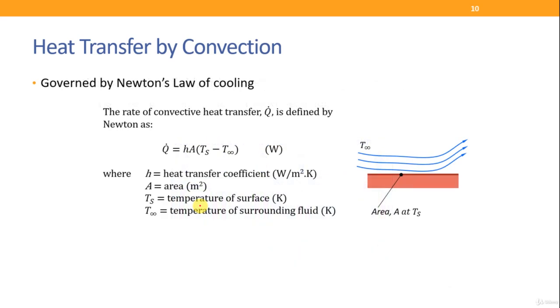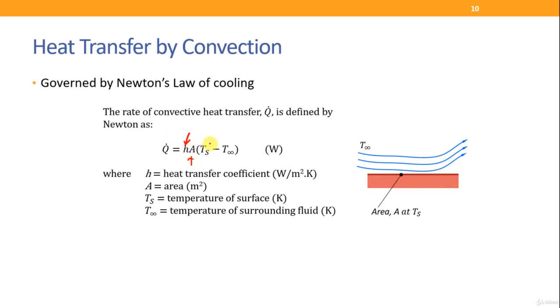This is the formula that governs the amount of heat transfer by convection. Q is equal to H A (Ts minus T infinity). H is the heat transfer coefficient, and the value will depend on the type of fluid that is carrying the heat. So for water, for oil, for air, it will be a different H value. A is the area of the surface.